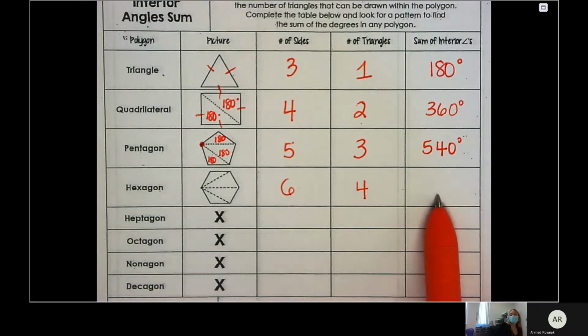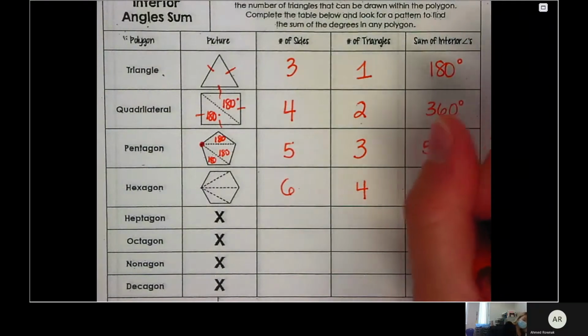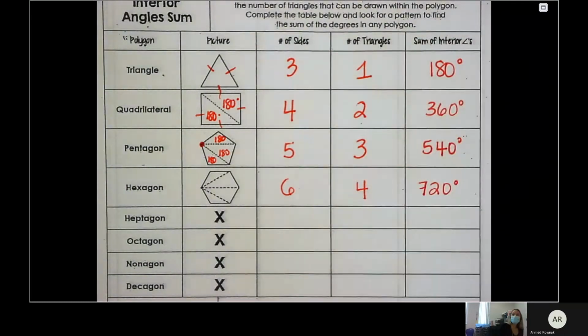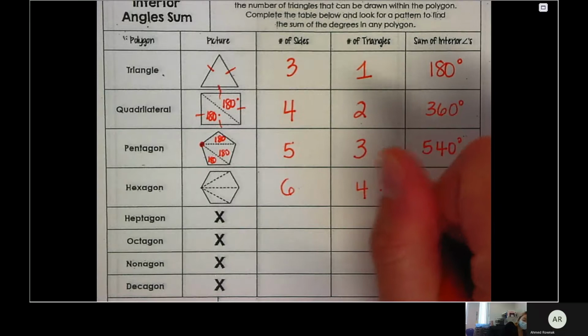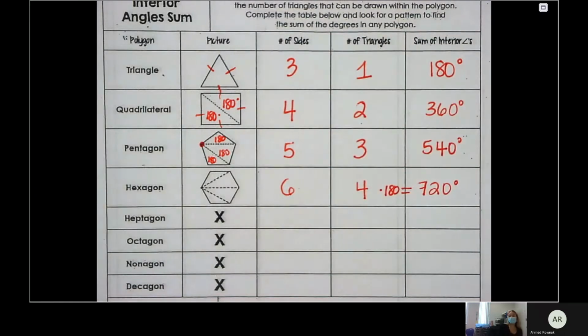How many degrees in total? 720. How did you get 720, Bobo? You could add 180 to this 540, or what's another way you could do it? 180 times this number right here, the number of triangles. 4 times 180, right, gave me 720.